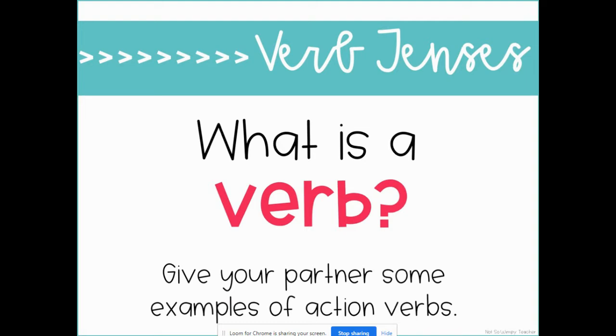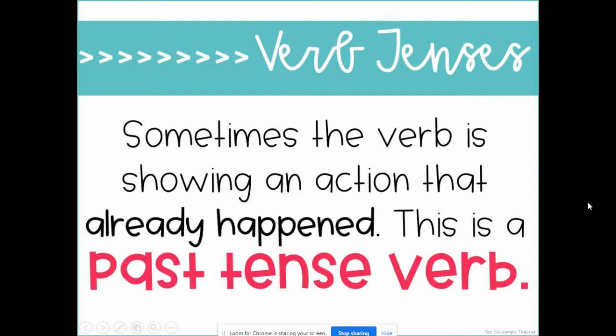It's the part of a sentence that shows the doing, or the action. All right. Let's see here. Okay, sometimes the verb is showing an action that has already happened. This is a past tense verb.